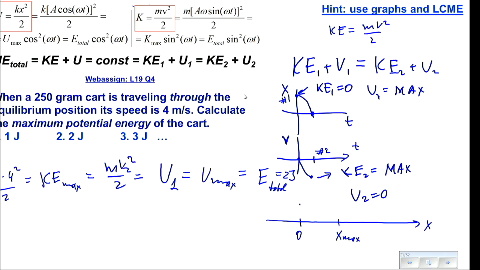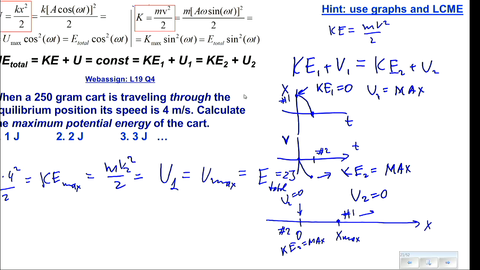Here at the equilibrium, there is no potential energy. This is what I call point 2. But kinetic energy here reaches maximum. Here, it stops momentarily. That's what I called point 1. Let's say I released it from that and then it travels toward the equilibrium.